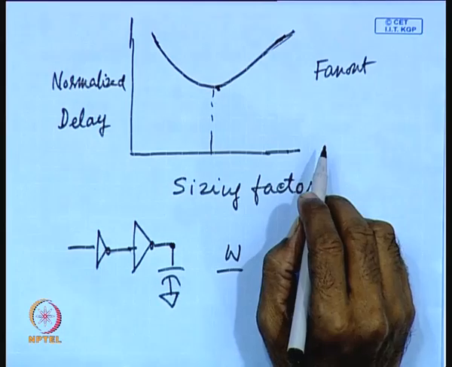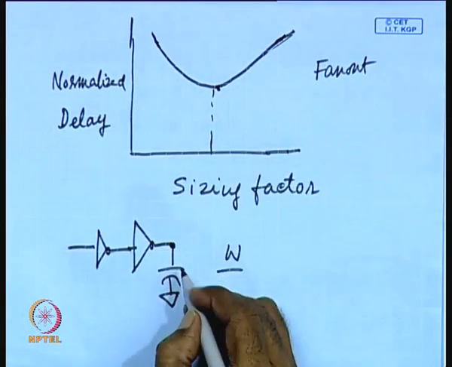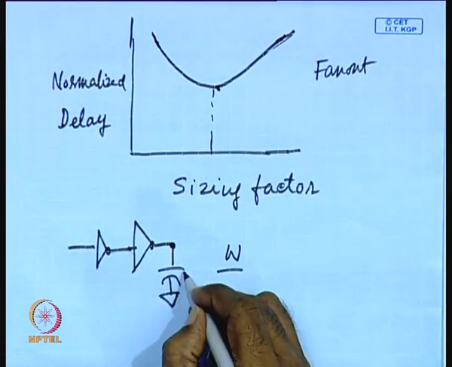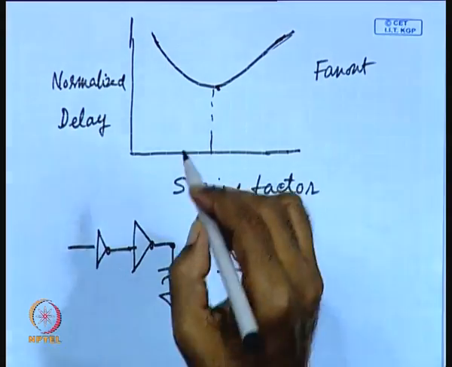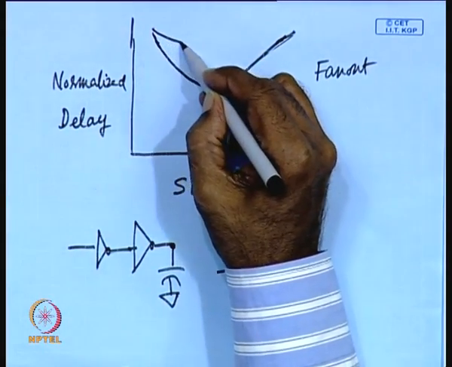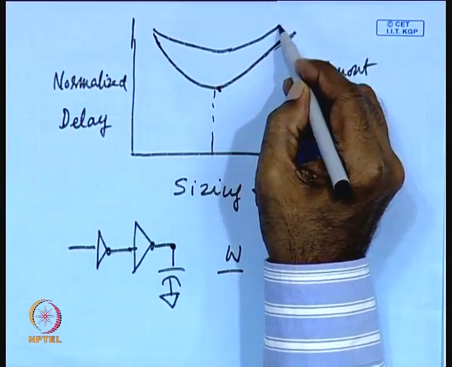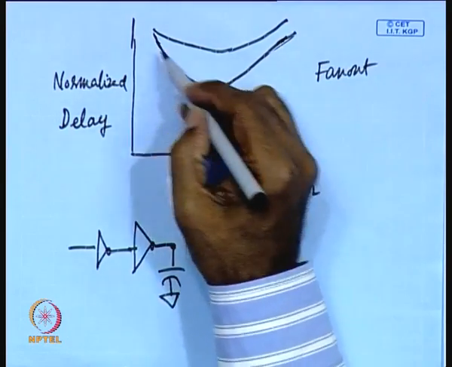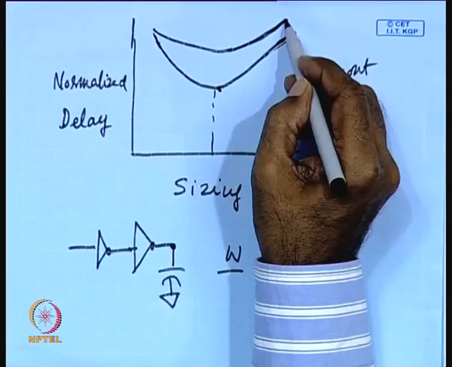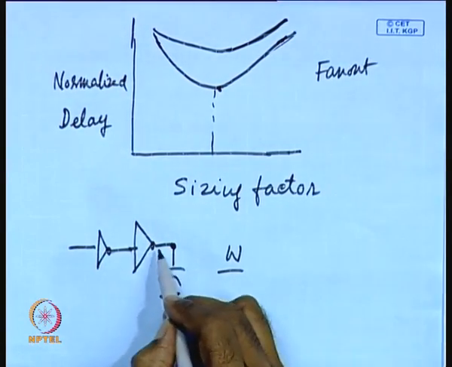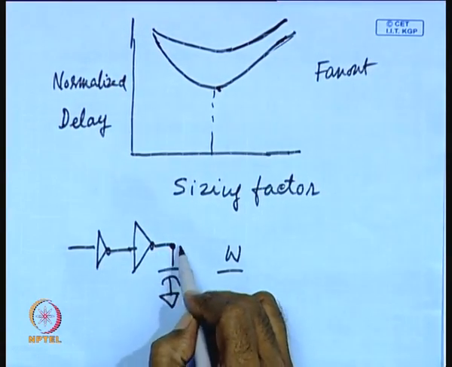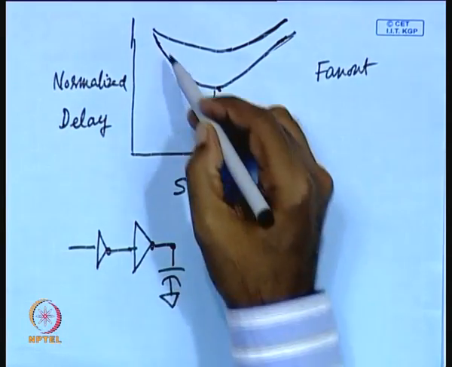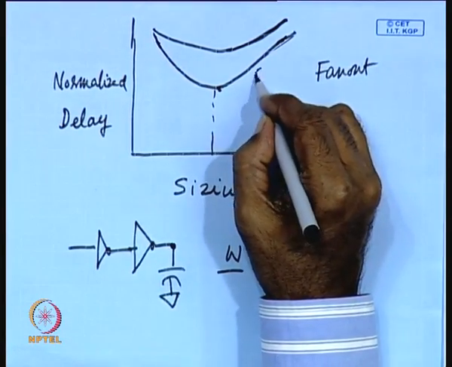Now, that will be dependent on the fan out. Fan out means different values of capacitance. If the capacitance is small, then the effect of sizing is small. That means the reduction in delay is smaller when the capacitance is small, and the reduction in delay will be larger whenever this capacitance is larger.